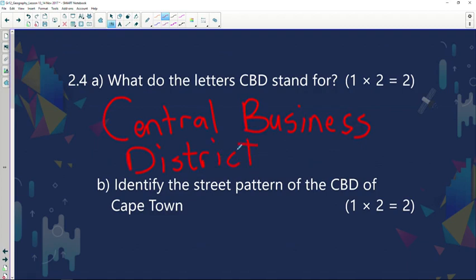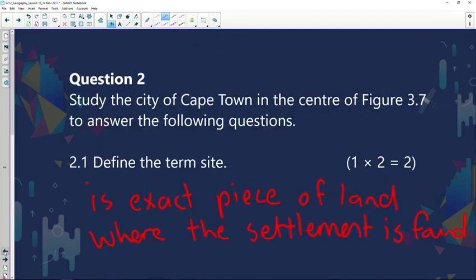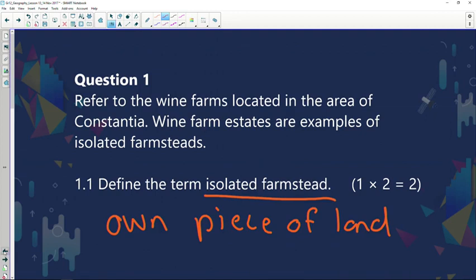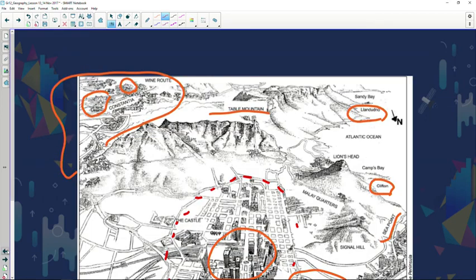Question number B, identify the street pattern of the CBD of Cape Town. Now we've looked at the street patterns when we discussed settlement of urban areas. Now if you look at the diagram, it's a dead giveaway. Now if you look at the street patterns over there, many one-way streets, and it looks like a gridiron.